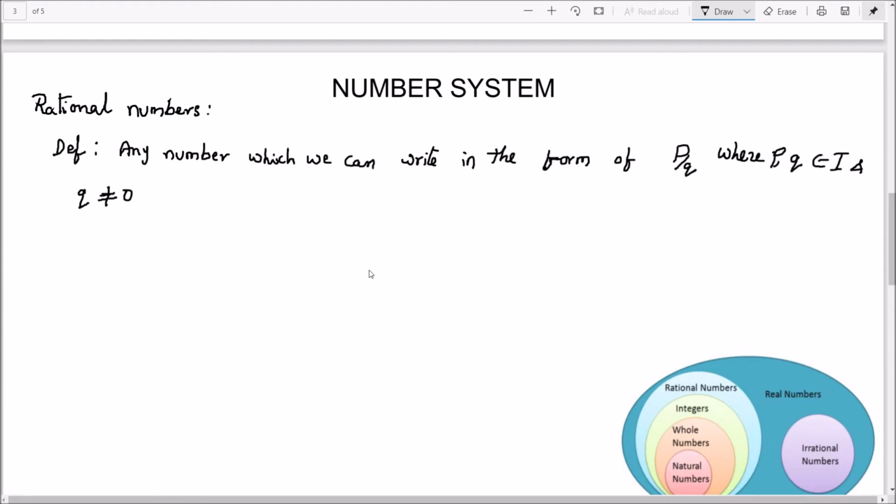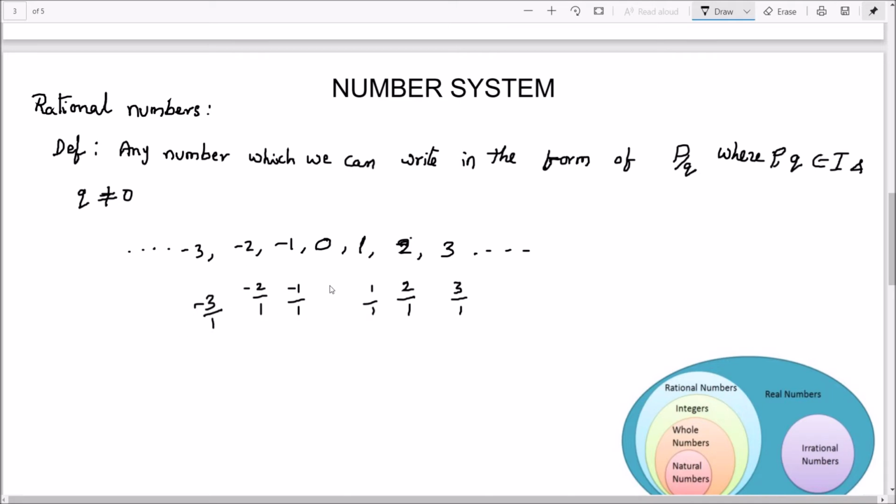So if we observe integers, all integers, can we write them in the form of p by q or not? Yes, we can write them in the form of p by q. That is, 2 I can write as 2 by 1, 3 by 1, minus 2 by 1, minus 1 by 1, 1 by 1, minus 3 by 1.